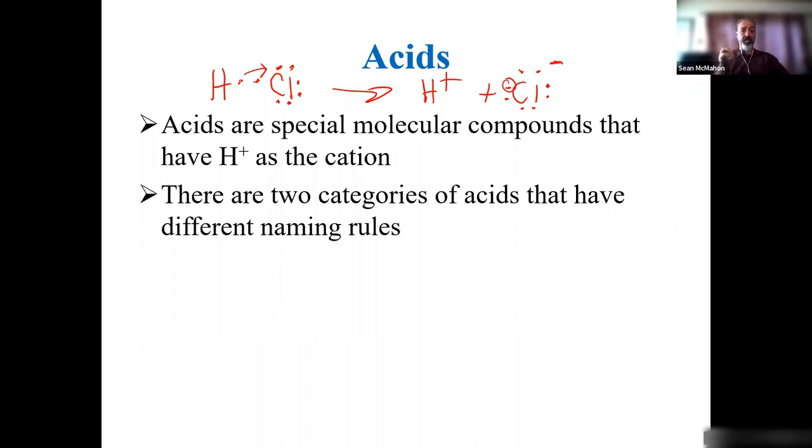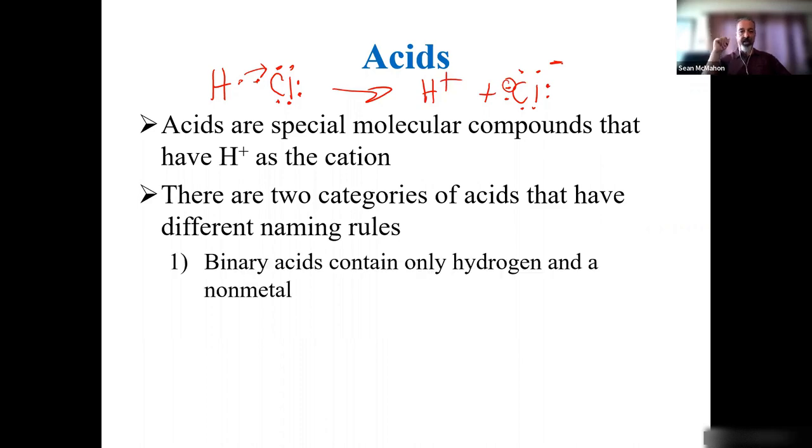So there's 2 types of acids, and because there's 2 types, there's obviously going to be different namings. There's the binary. Binary means two. To what? Well, to be an acid, I have to have hydrogen and then a non-metal like this. So this HCl is an example.